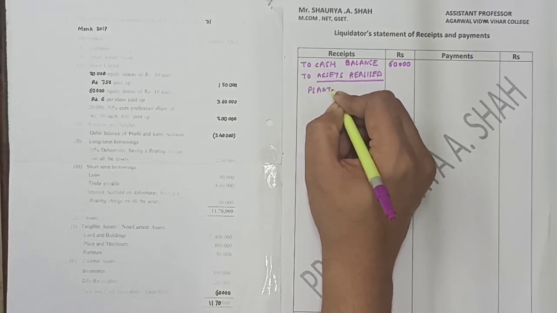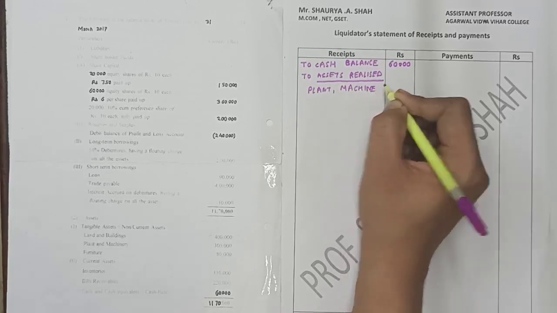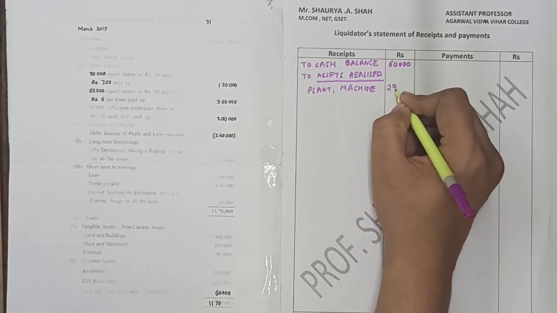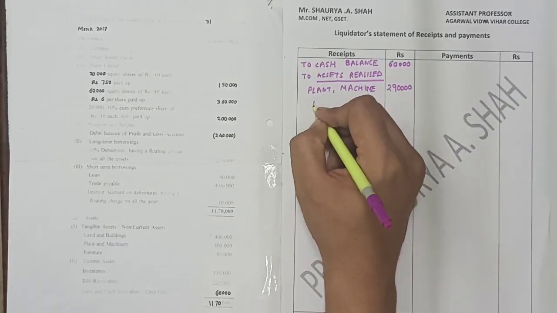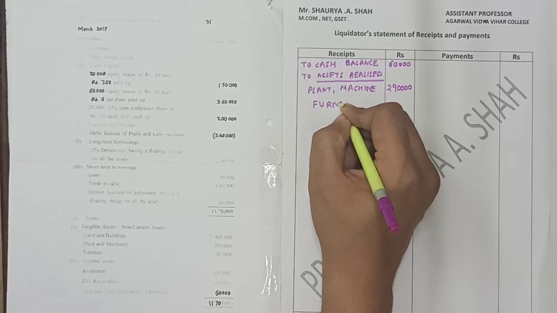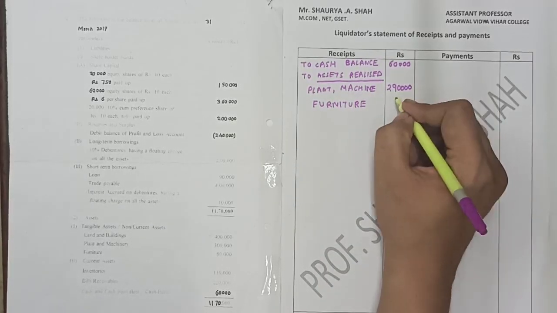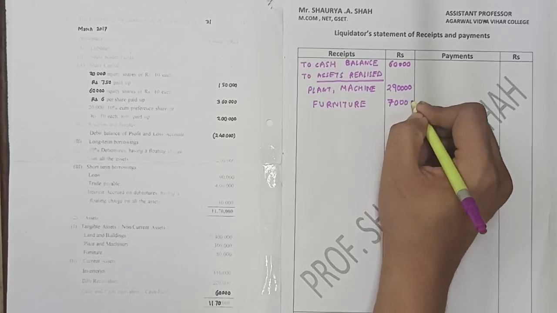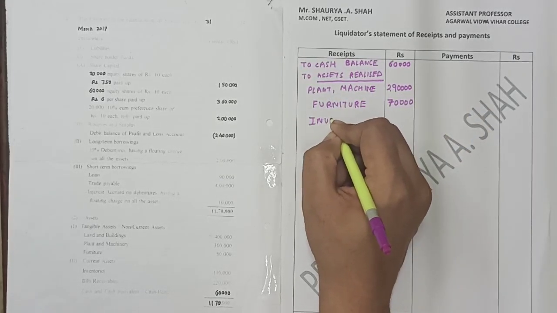You have plant and machinery. Plant and machinery is 2,90,000 rupees. Furniture, you are having 70,000. I am posting the same amount which is given in the adjustments.